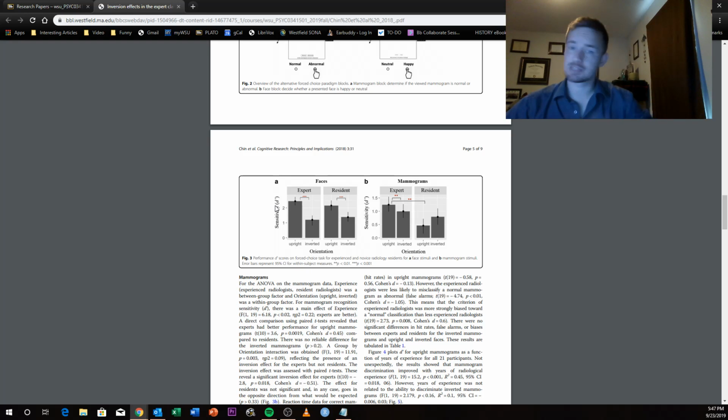Just think about it simply in terms of the higher that value is, the more sensitive you are to making perceptual judgments about that particular image. So the higher, the better. The lower, the worse. As this gets closer to 0, performance becomes closer to chance, basically.